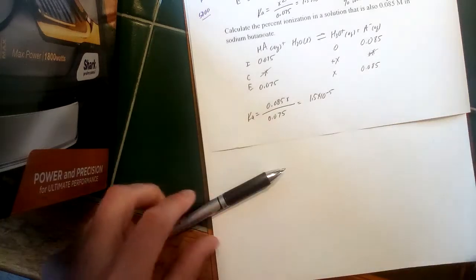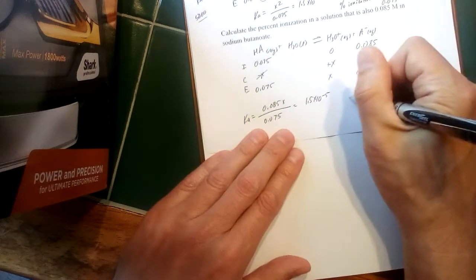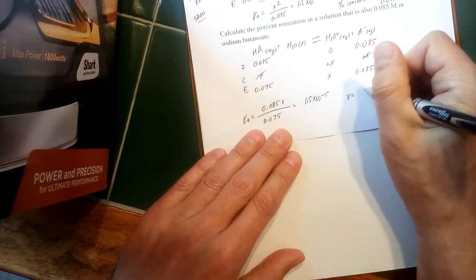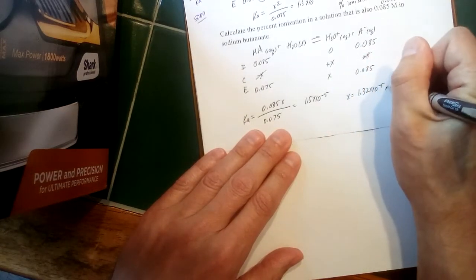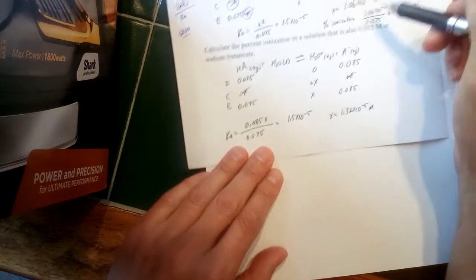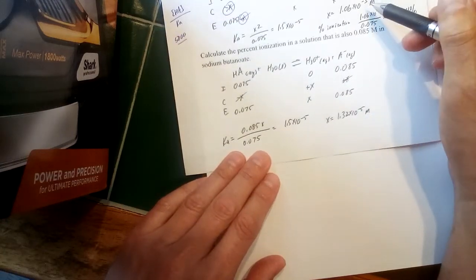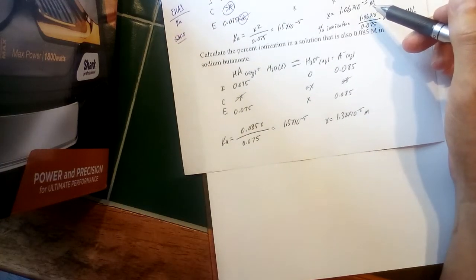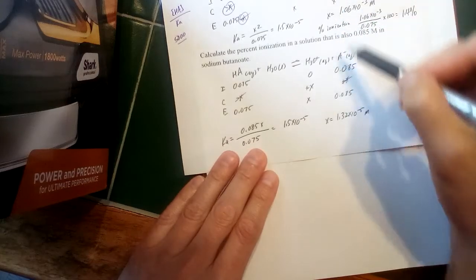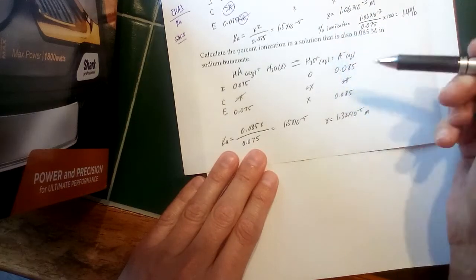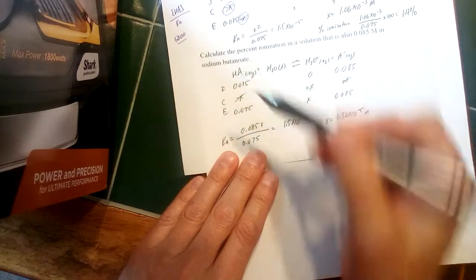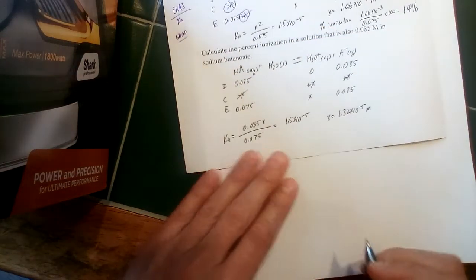That'll isolate x on one side of the equation, and that gives us an x value of 1.32 times 10 to the minus fifth molar. Now we can see that's quite a bit less than it was up above, which is what we would expect from a Le Chatelier's principle analysis. If you think of adding in the conjugate base as a disturbance to the equilibrium, it's going to push it back this way, which means less of the HA is going to ionize.